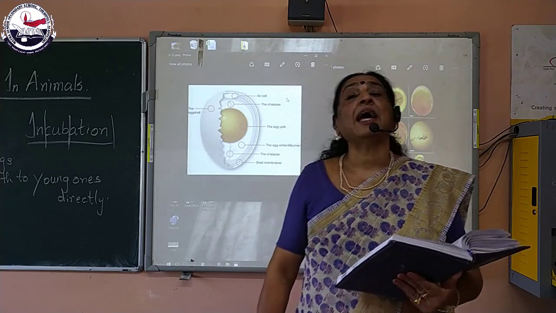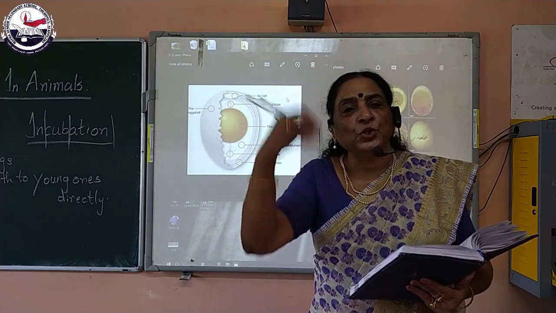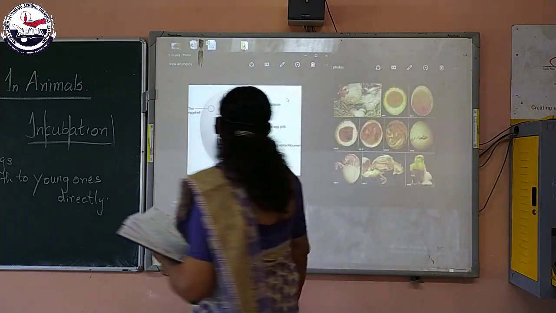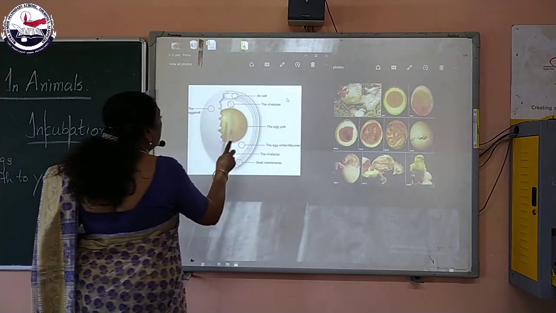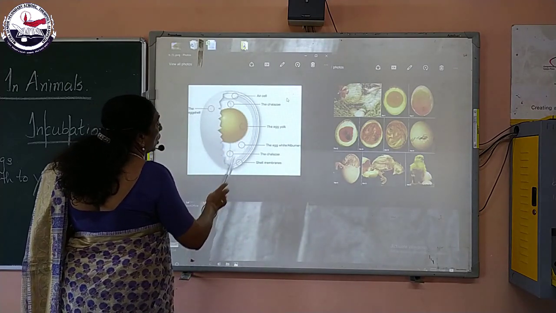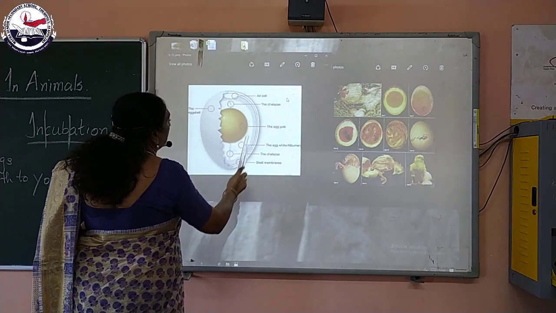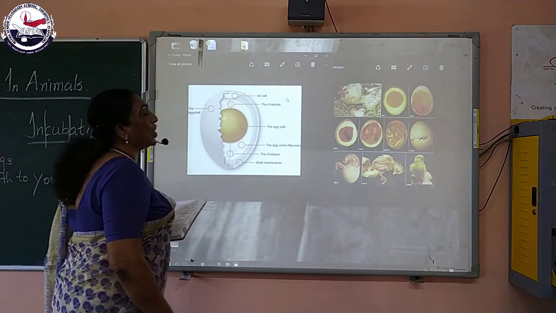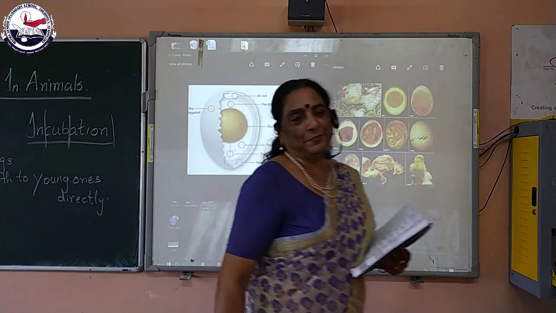Understood? Inside then, when we look through that eggshell, we can see a transparent, jelly-like part called albumin. A jelly-like transparent part called albumin.